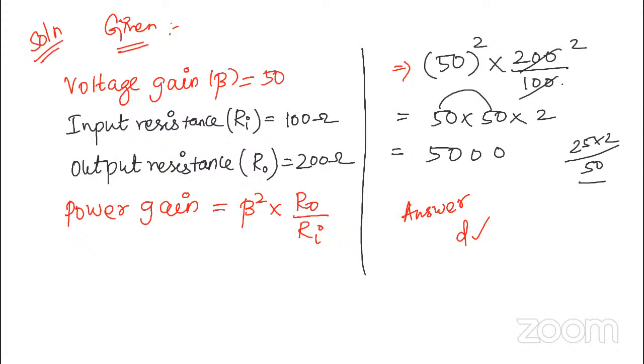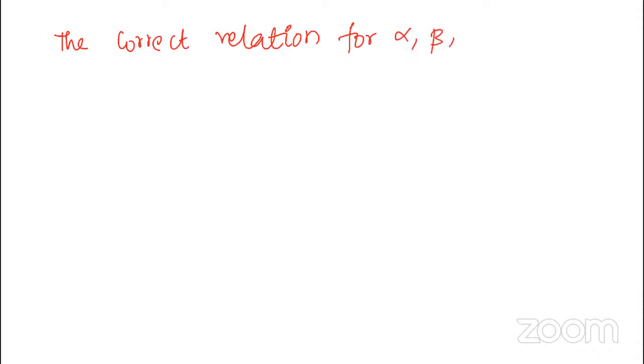Okay. All are clear? Okay. Thank you. And one more relation example is there. You just try it. Okay. I will give you. Correct the relation for alpha, beta, gamma, alpha, beta for a transistor.